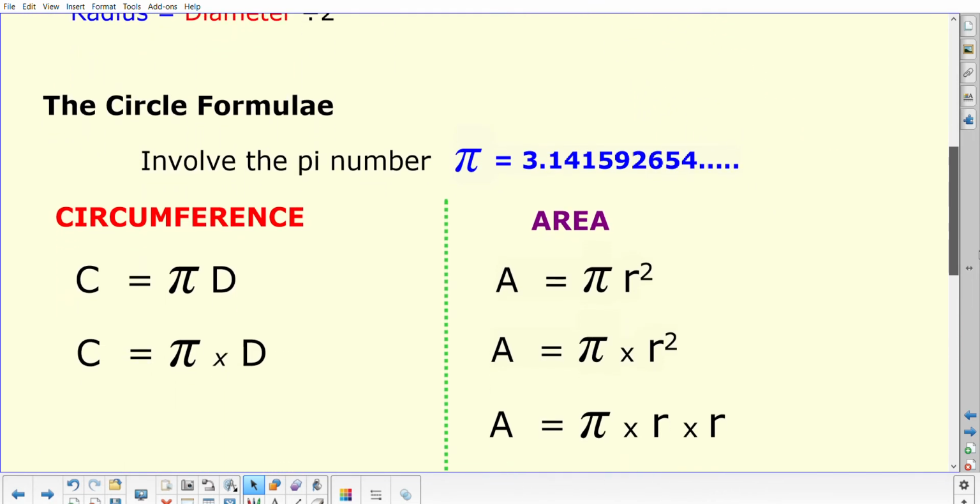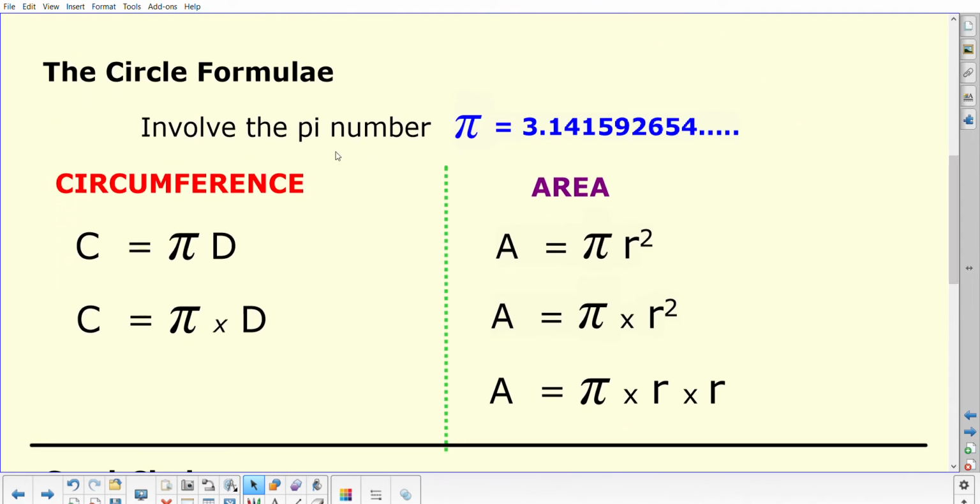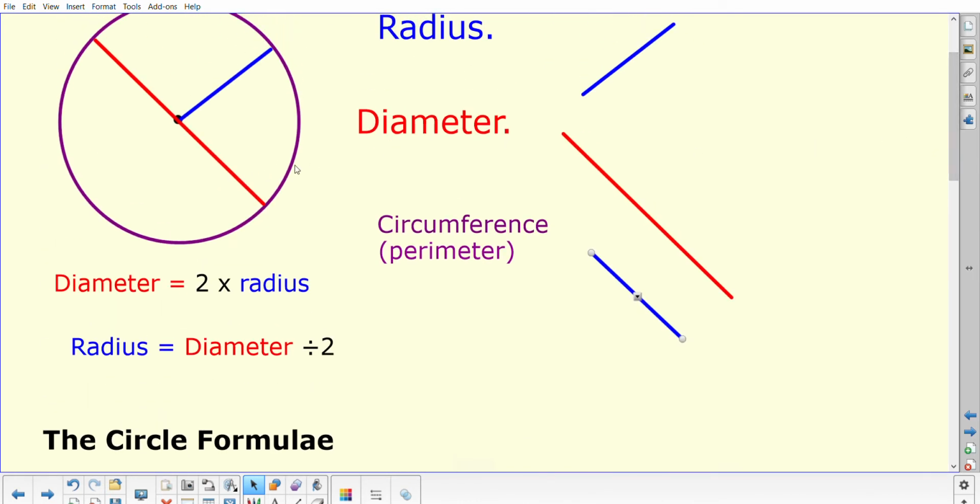So remember that the circle formula is all to do with this pi number. This pi number has been calculated. It's basically saying that the circumference, which is the other term for the circle that you should be aware of, and remember that the circumference is just the fancy word for the curved part around the edge.